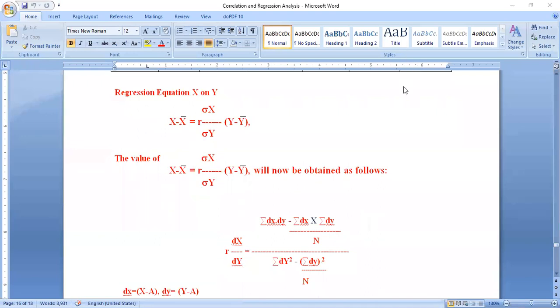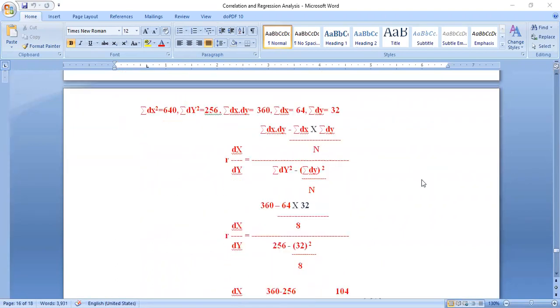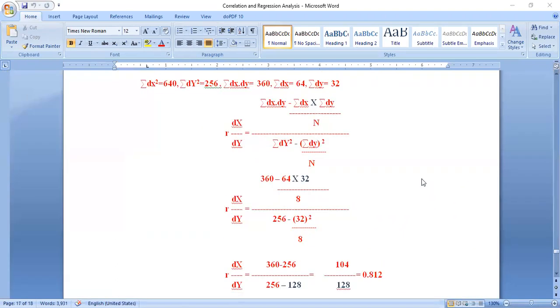Before implementing the formulas, write all the individual values here. Sigma dx square is equal to 640, sigma dy square is equal to 256, sigma dx into dy is equal to 360, sigma dx is equal to 64, sigma dy is equal to 32.